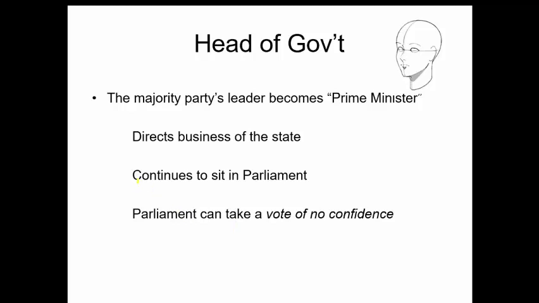They would continue to sit in parliament for as long as there is confidence, or if there's a constitution that says that elections will reoccur at a certain time, then that could possibly be the system as well. The parliament can take a vote of no confidence, which would then spur a new election.